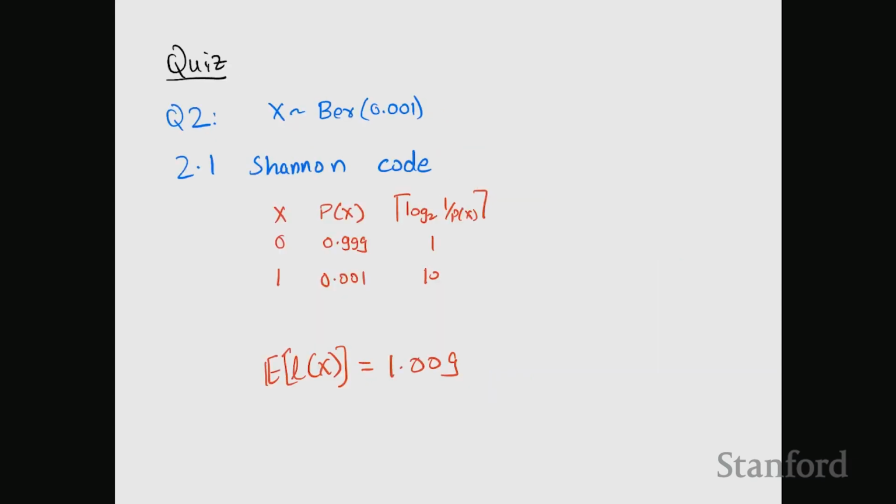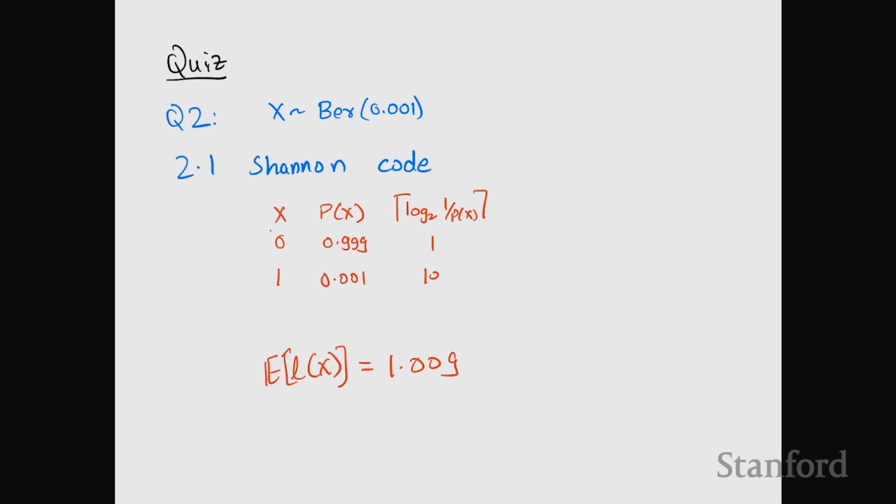Okay, let's move on. This one will be more interesting for this lecture. So you have a Bernoulli 0.001, so it's a very high probability that it's a 0 and a very low probability that it's a 1. We asked you to make a Shannon code for this.